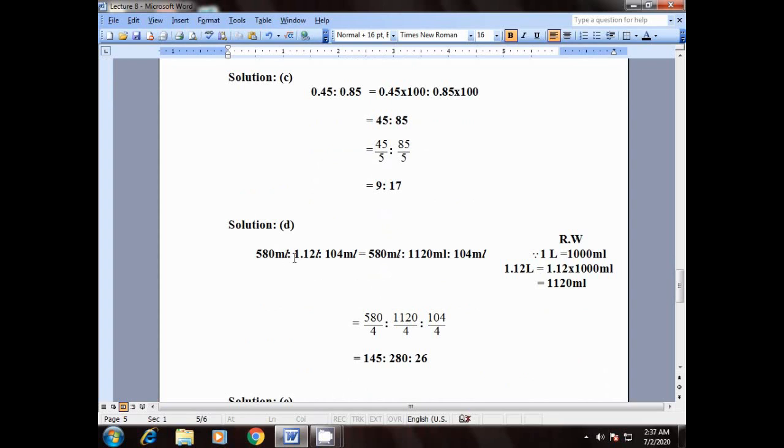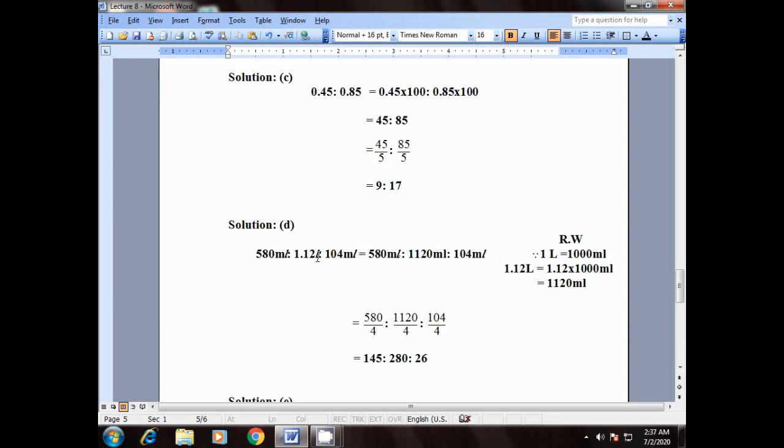580 ml ratio 1.12 liter ratio 104 ml. You see, the first and third quantities are both in milliliters, while the second quantity is in liters. So first of all, we will change this liter to milliliter.